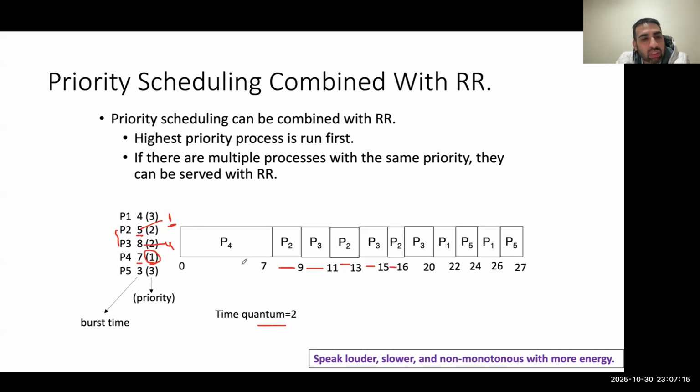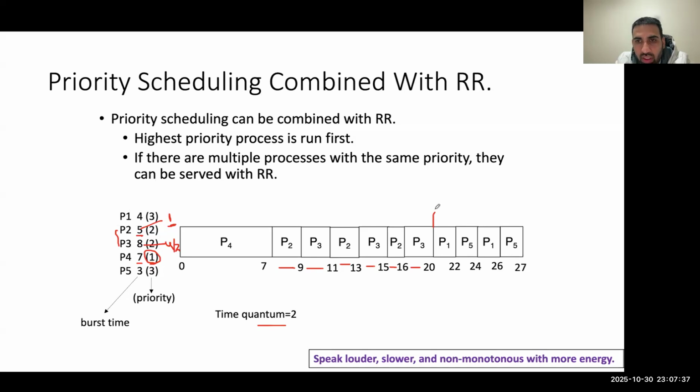And then we run P3, from 16 to 20. So now its remaining CPU burst is 2. And then it runs again. There is a mistake.